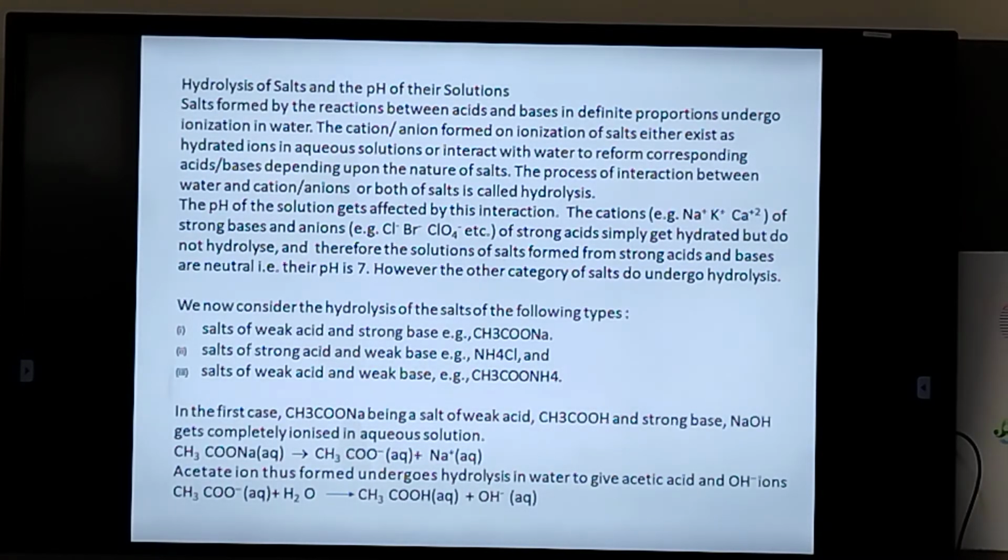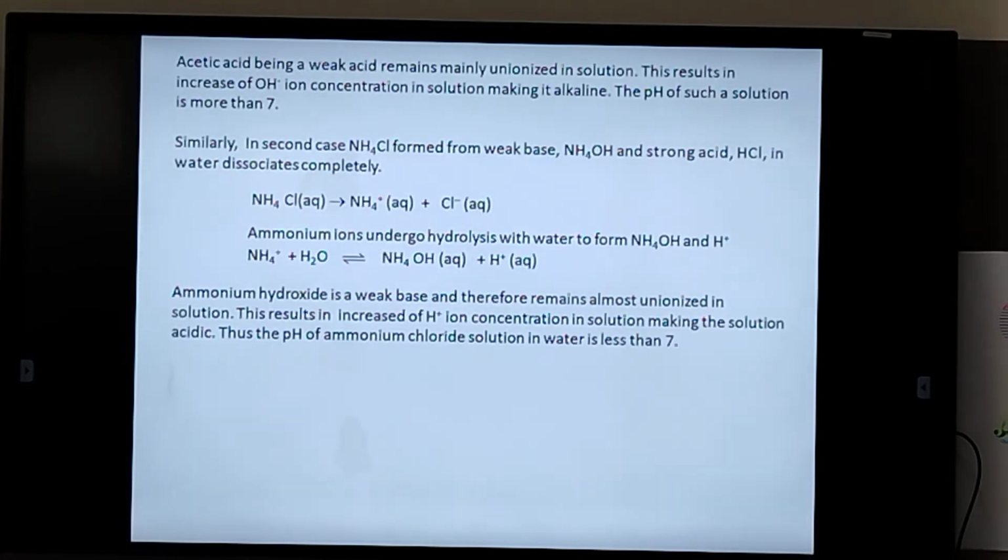In the first case, CH3COONa, being a salt of weak acid, that is CH3COOH, and strong base, that is NaOH, gets completely ionized in aqueous solution. CH3COONa gives CH3COO negative plus Na positive. Acetate ion thus formed undergoes hydrolysis in water to give acetic acid and OH negative ions.